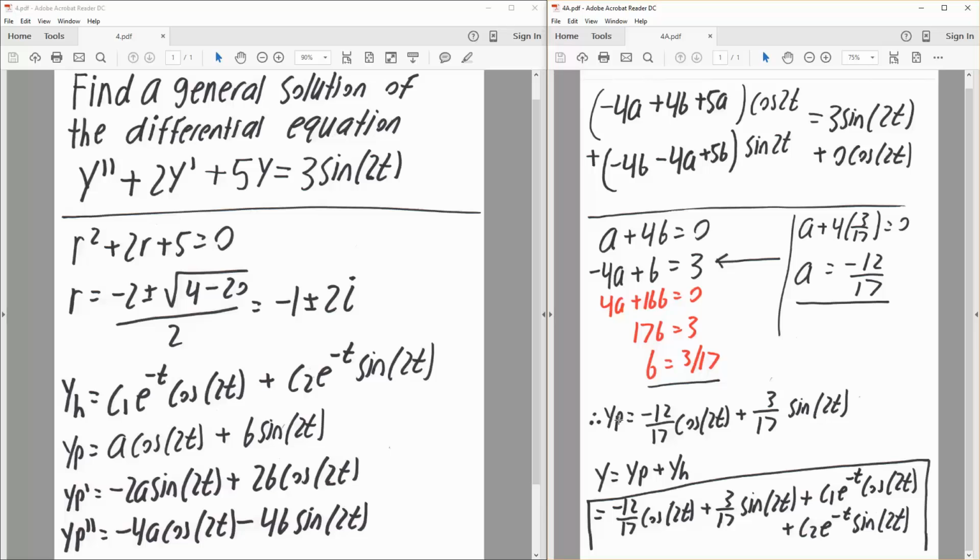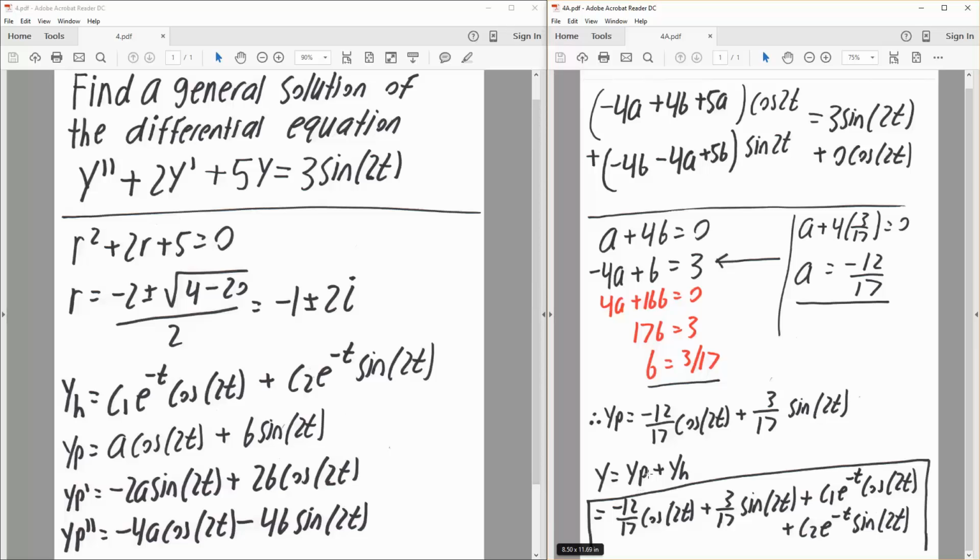So we have yp. To find the general solution of undetermined coefficients for non-homogeneous equations, we do y is equal to yp plus yh. yh is treating it as if it's homogeneous.